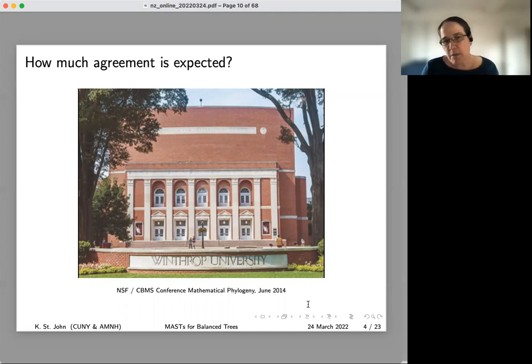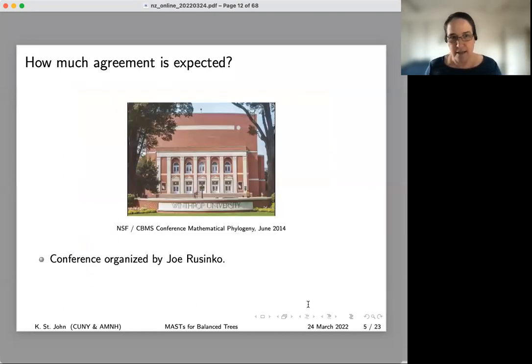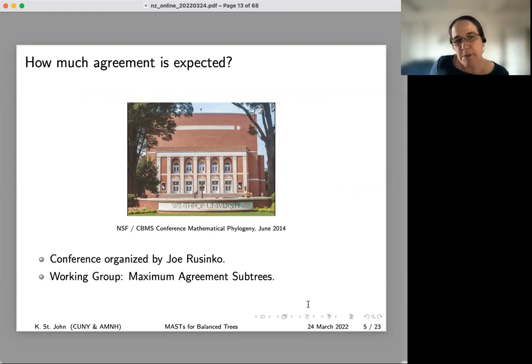They ran a conference on mathematical phylogeny in 2014, and Mike gave 10 absolutely gorgeous seminar talks that became a book. And they had a bunch of satellite workshops. One of those workshops I ran, and the whole conference was organized by Joe Rusinko. There was supposed to be a working group on maximum agreement subtrees for undergraduate researchers.